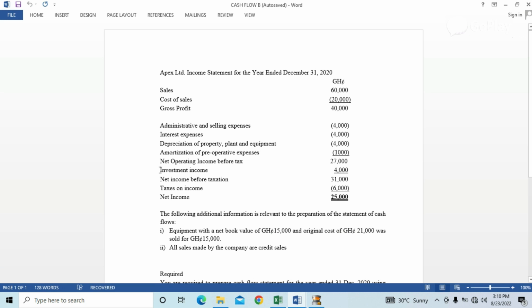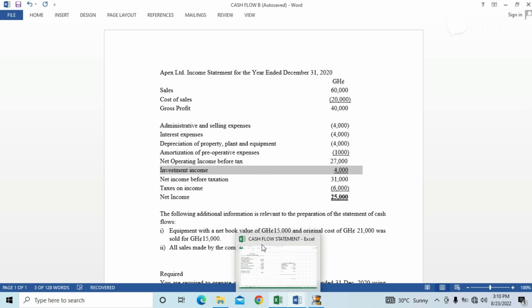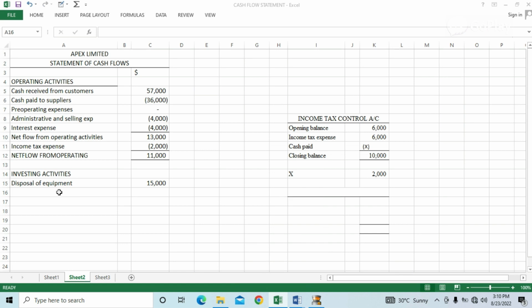So investment income, meaning they have invested money somewhere and then they have received the income. So the investment income is 4,000. So income from investment, or investment income, will go under the investing activities. So that one is 4,000.